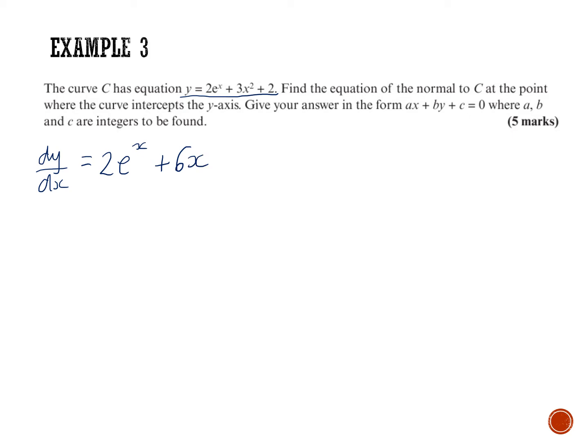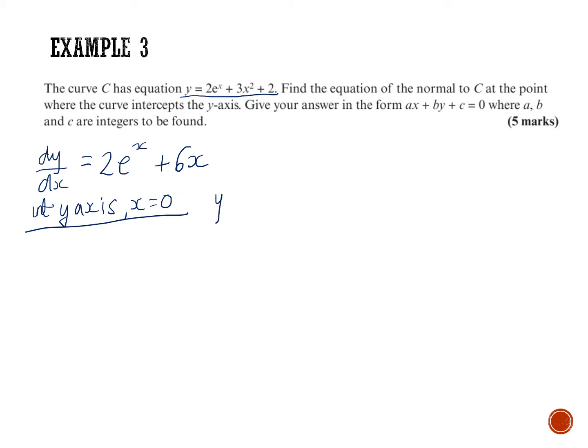Find the equation of the normal to C at the point where the curve intercepts the y-axis. So in a moment, we're going to work out the equation of a normal, so we're going to use that gradient, but I need to find what this point is where the curve intercepts the y-axis. Think about what's going on there. x is 0, isn't it, when you intercept the y-axis?